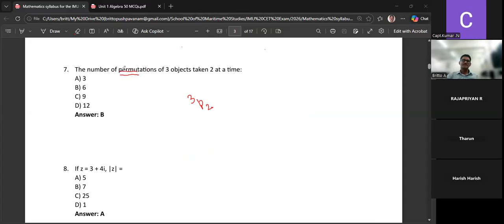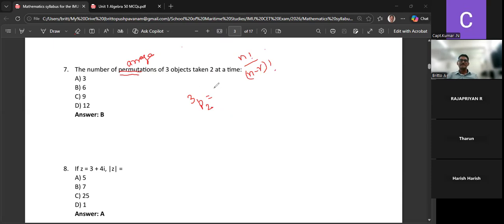Sometimes they may not give the word permutation. Instead, they may use the word arrange. So we should know arrangement means permutation. So it is 3P2. You know the nPr formula, which is n factorial divided by n minus r factorial.